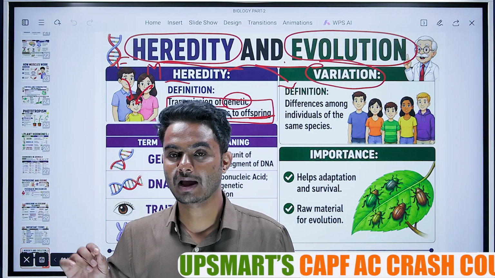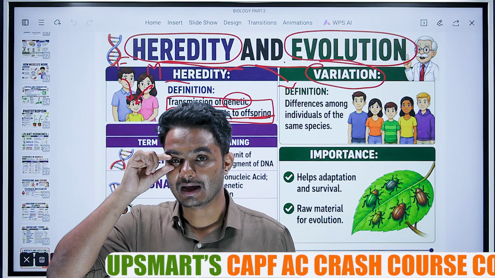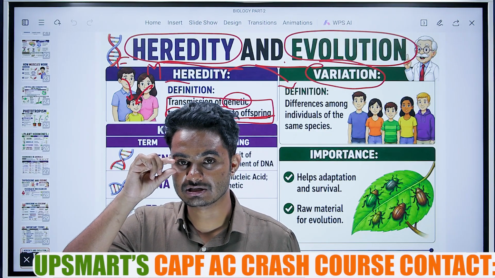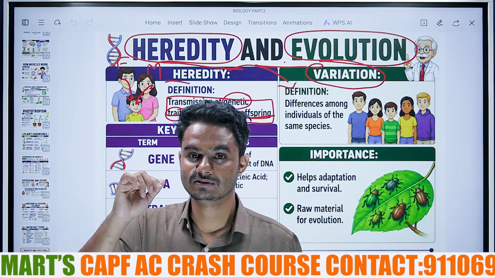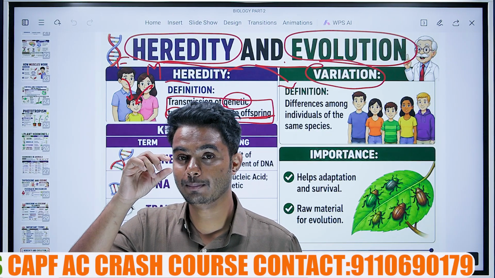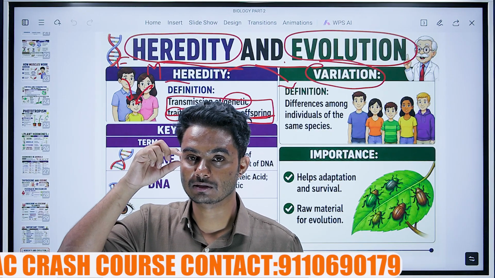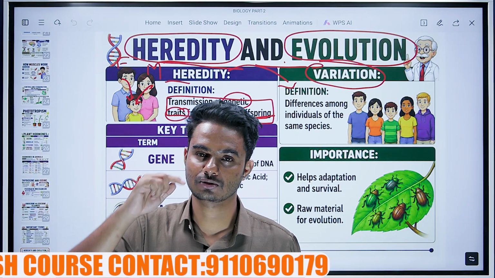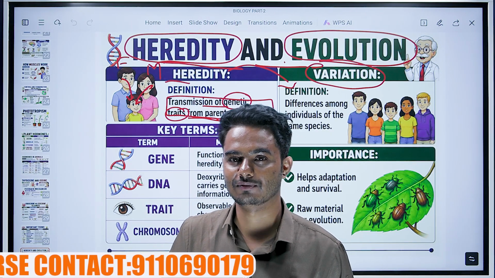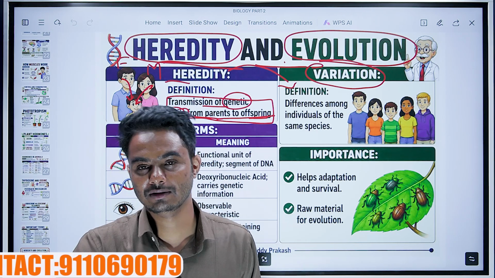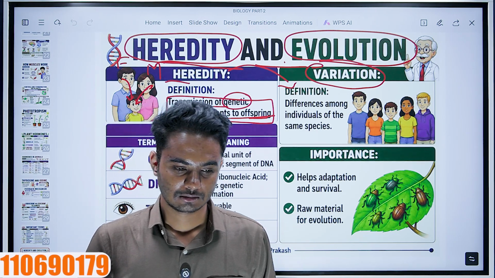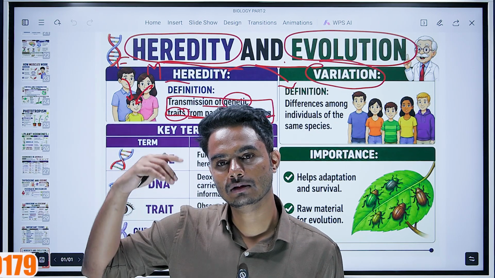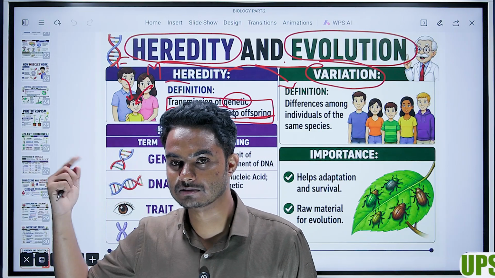Mongoloids will be having very small eyes. In technical terms, that is called the epicanthic fold. The epicanthic fold will be very shorter, that means they'll have very short eyes. You would have observed that in the movies and other places, or directly also. That is the Mongoloids. The Negroids, and the Caucasoids are the Europeans.